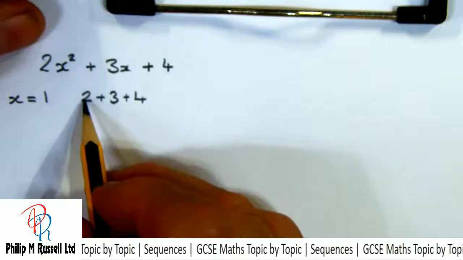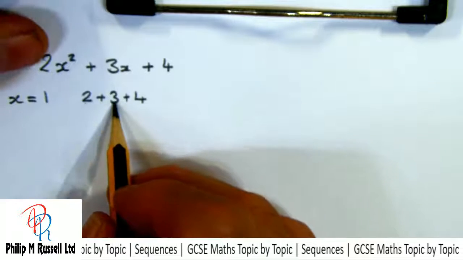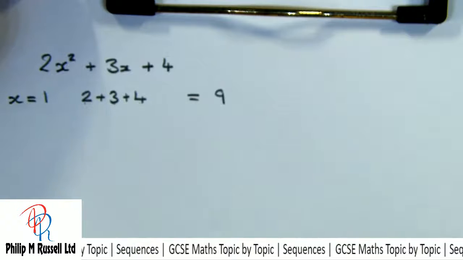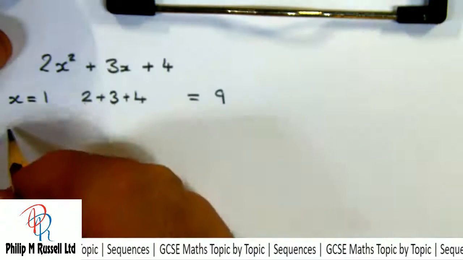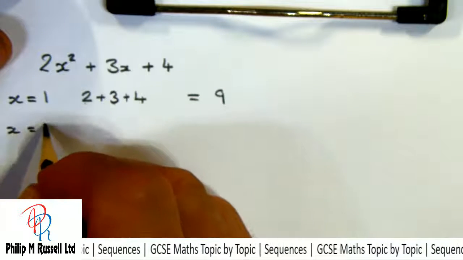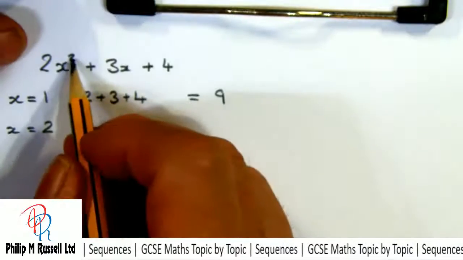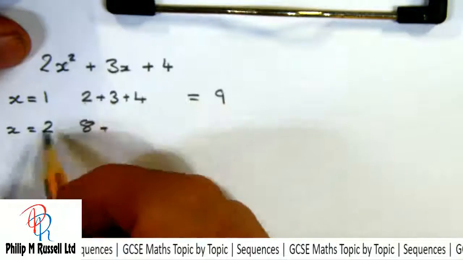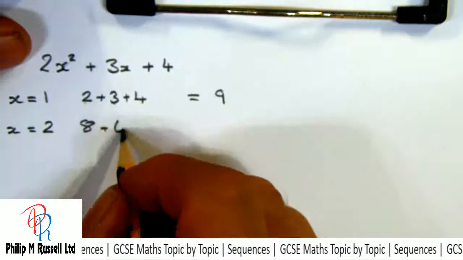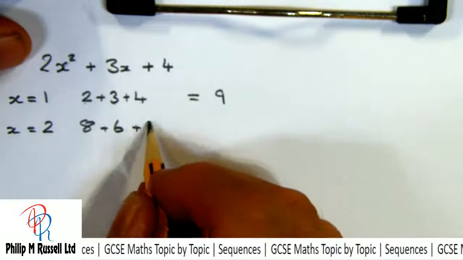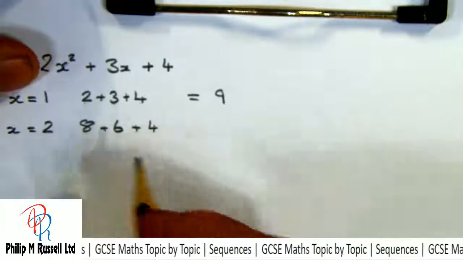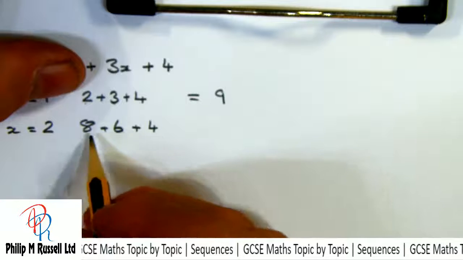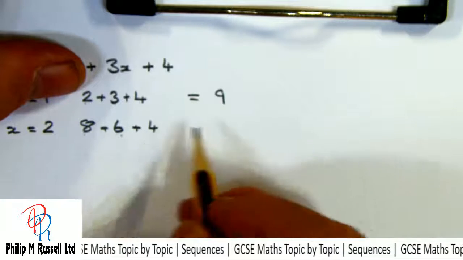So 2 plus 3 is 5, and 4 makes 9. So 9 is going to be my first number in my sequence. Let's try x equals 2. 2 squared is 4, 4 2's are 8, plus 2 times 3 is 6, plus 4. So we can add them up, which gives me 14, 18.